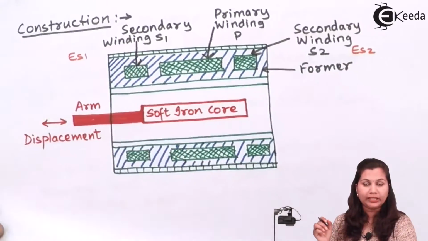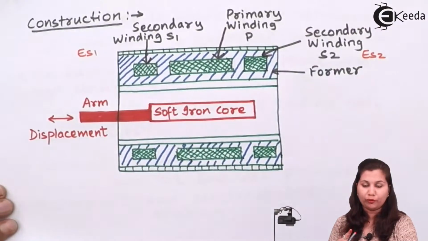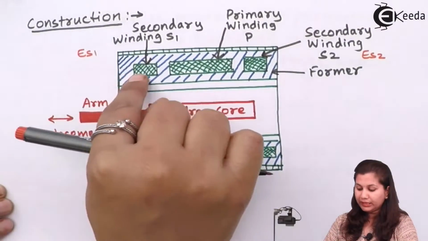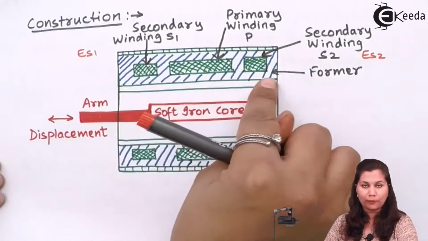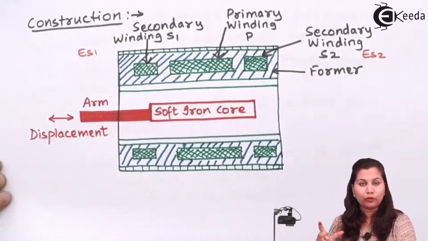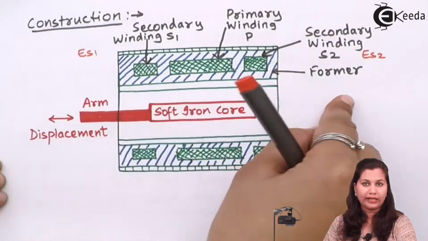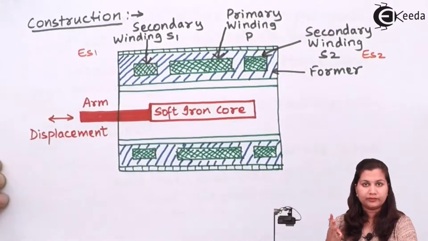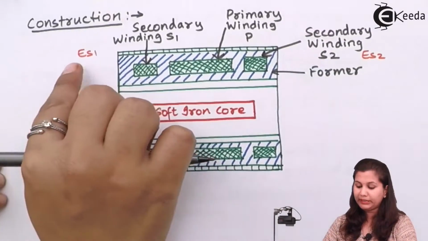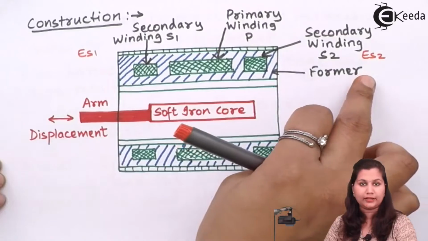Now from the LVDT we want only a single output voltage, so we will connect these two windings in series opposition, so that the output voltage which we get from the LVDT is the difference of the voltages in these two windings. That is, E naught, the output voltage, will be ES1 minus ES2.